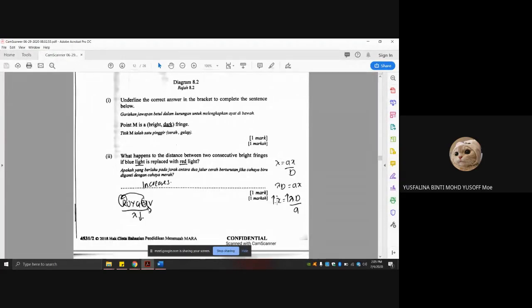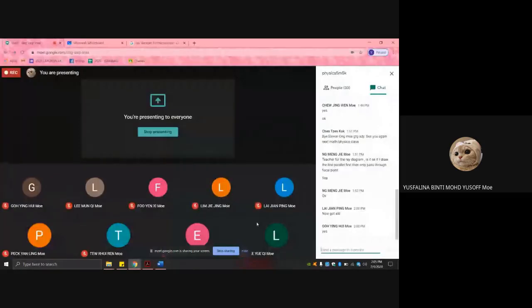So you can see here, when lambda is increased, the x also increases. So the x will increase. Is it okay? Right.